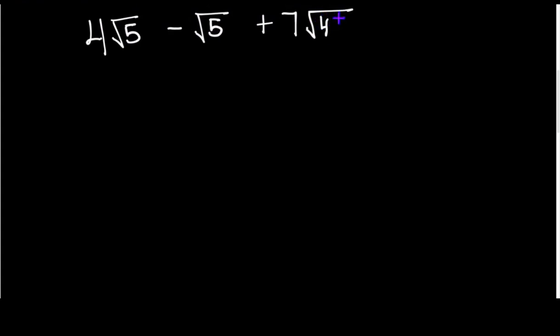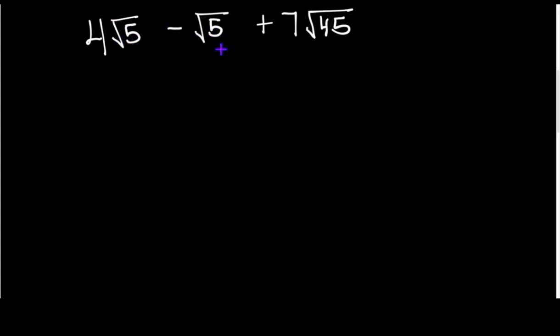So having heard my explanation, feel free to pause the video to solve my question. 4 square root 5 minus square root of 5 plus 7 square root 45. So this term and this term are like terms.